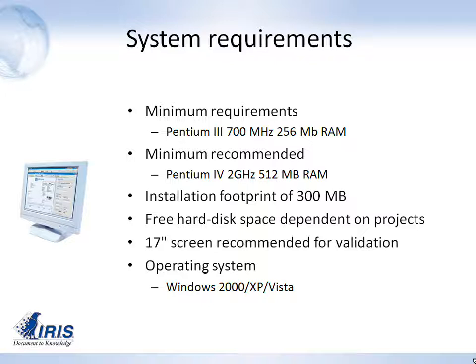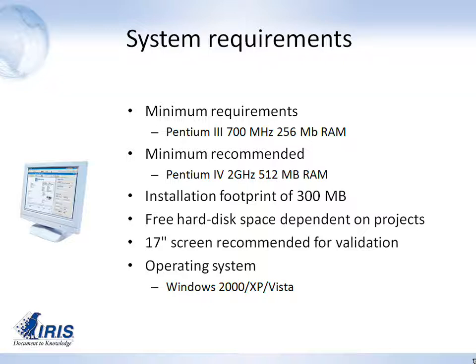Now that's installing the entire program along with all of the databases. Now you'll need to provide some extra hard disk space for your actual projects. That is, ICP is going to be treating images, so it needs to store those images and is going to be delivering XML files and output. So make sure that you have adequate hard disk space.